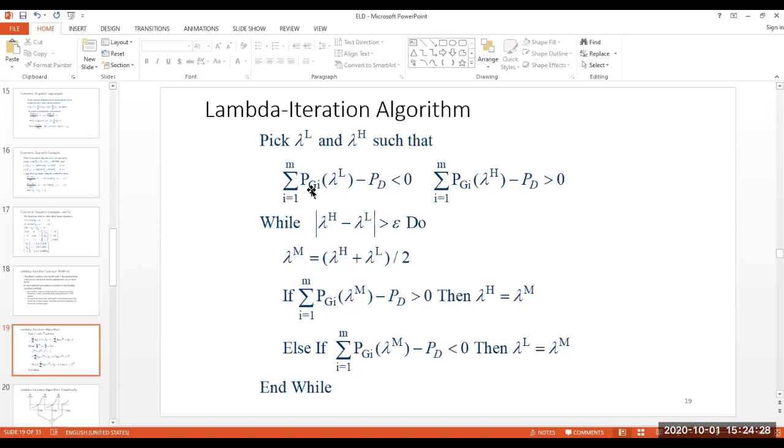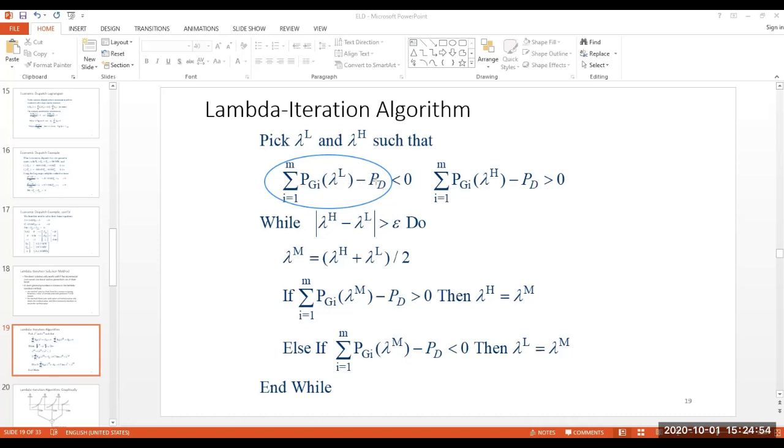So I'm going to define my error function as this one. In this algorithm, I define the error function for our problem. So the difference between the summation of the generation and the demand is my error function.